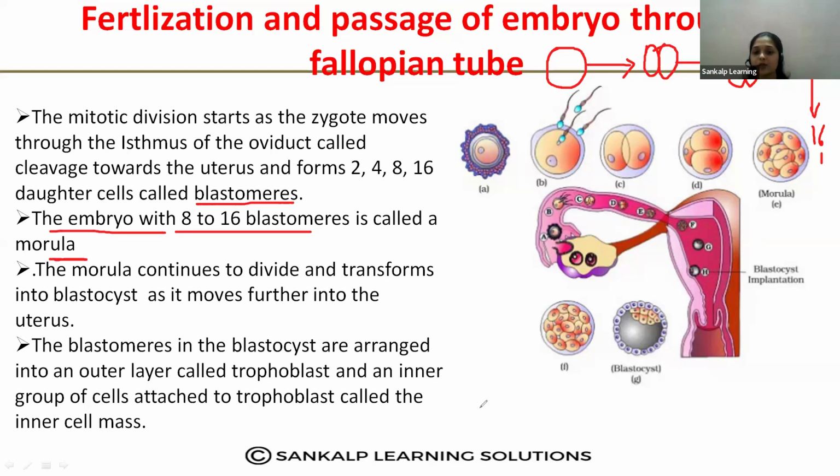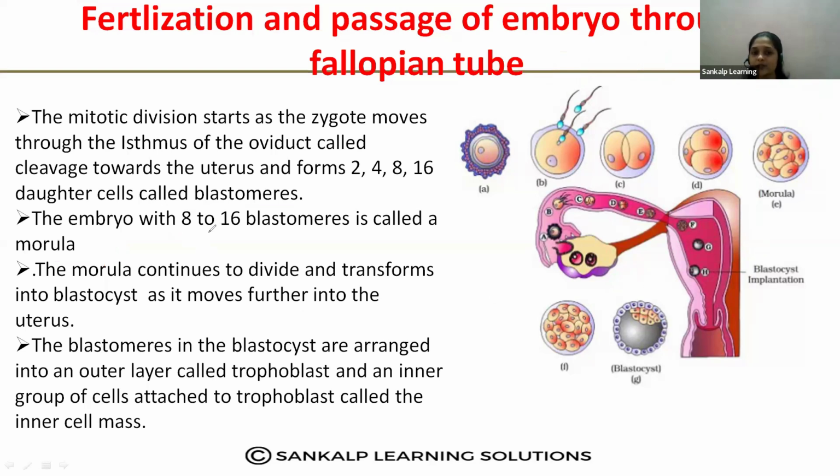Here you can observe the morula stage of these blastomeres. Then this morula will divide again. Next it becomes the 32 cell stage. After that it will develop into a blastocyst. Then what is this blastocyst, what is the difference between the morula and the blastocyst?